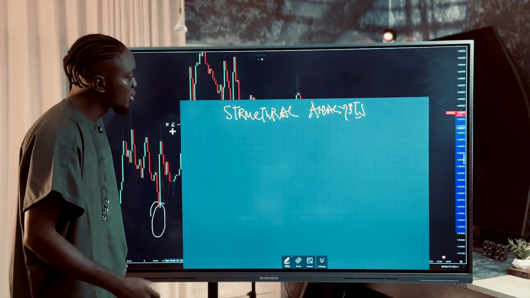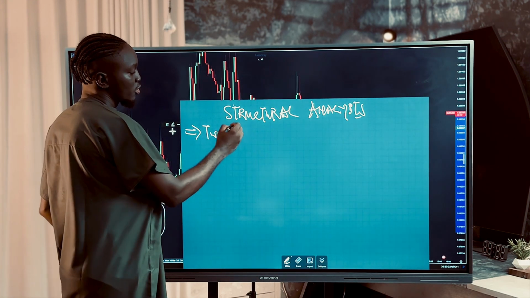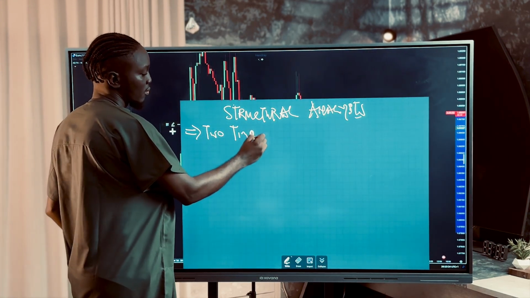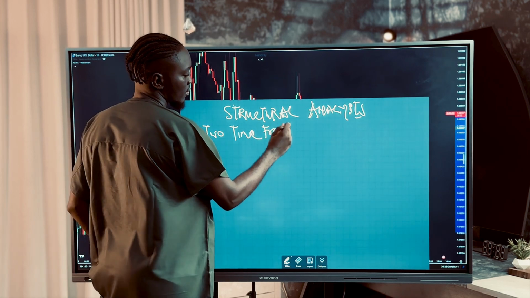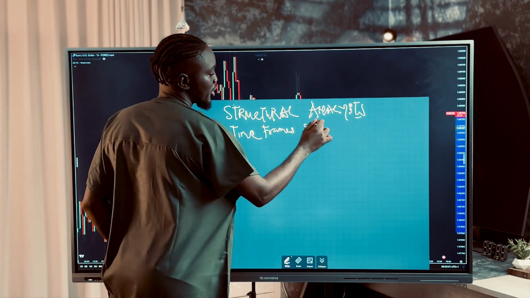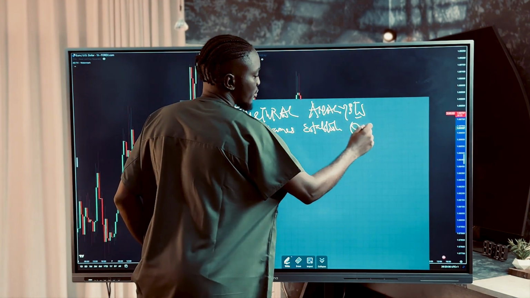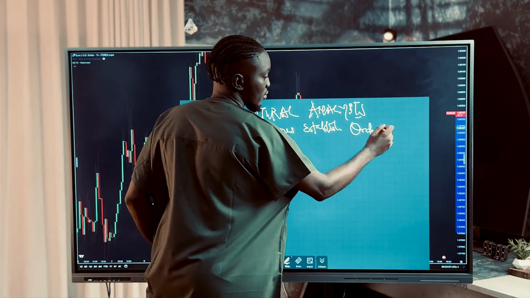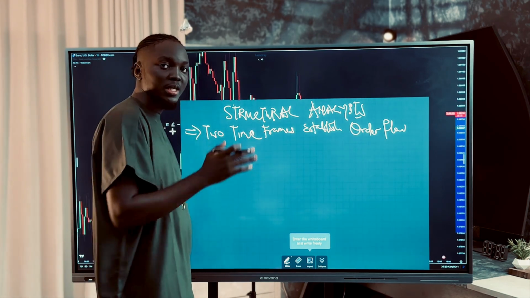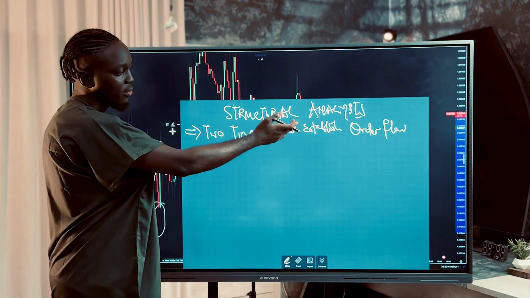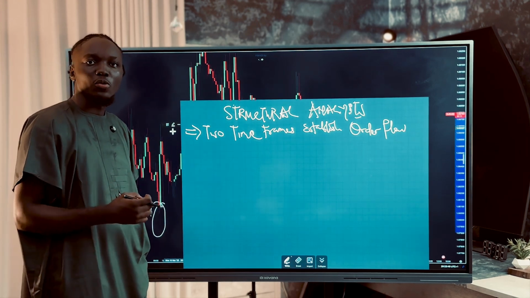The first thing to note is that two time frames establish order flow. Okay, two time frames establish order flow. That is the first key thing that you want to note.